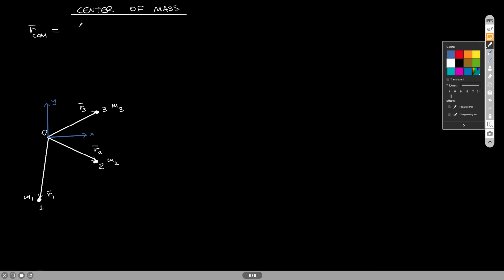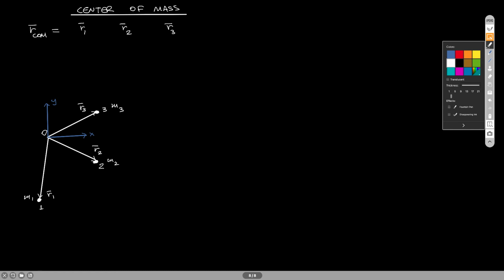I'm going to say that the center of mass depends on the positions of all three objects. I have three objects, but if one of those three has a greater mass, then I want to give more weight to the position of that object, because that is a heavier object.